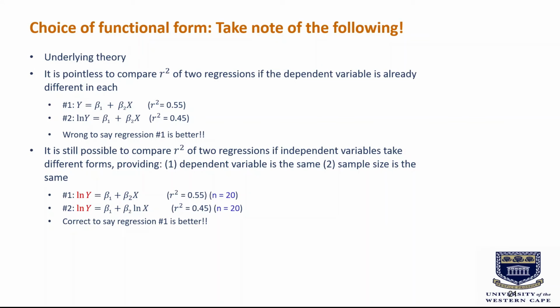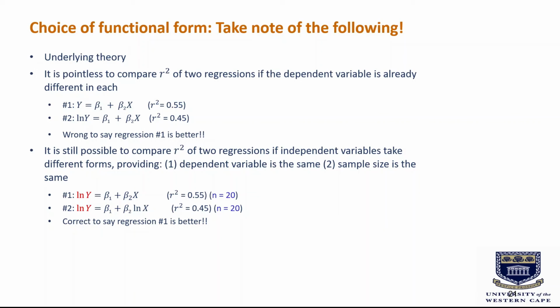Even though we're interested in the relationship between two variables, it's important to at least attempt to control for what we call confounding variables, other variables that also influence y, other than the x we are interested in, right? And the variables you include in your model, as well as the functional specification, the form that your function is going to take, will depend on the underlying theory that you are using in your estimation, right?